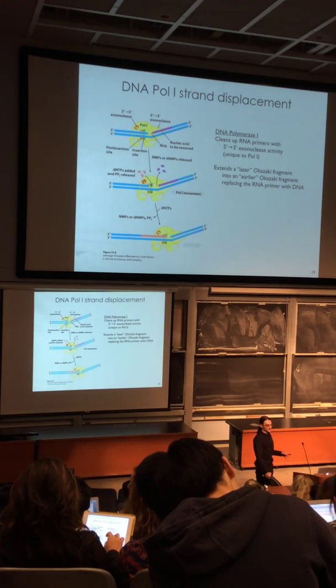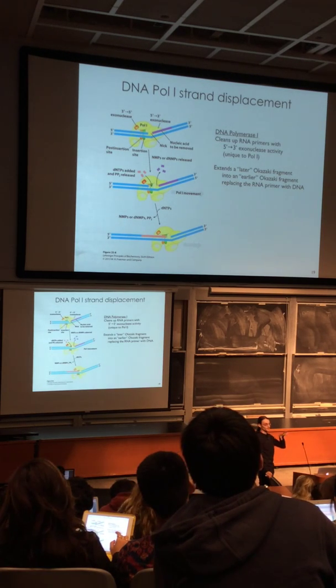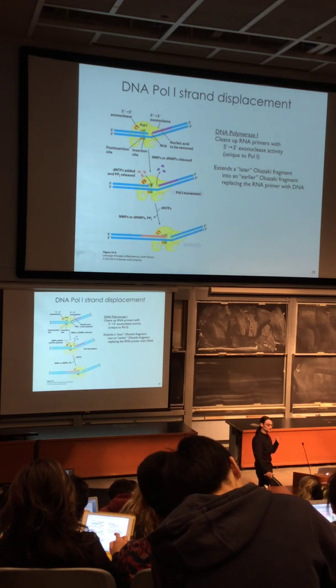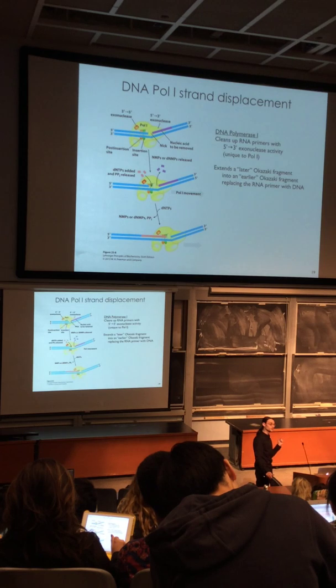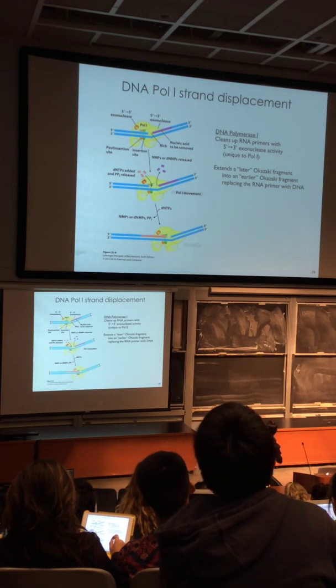So the proofreading activity of DNA polymerase lets it back up, lets it go 3' to 5' by removing misincorporated nucleotides. And this is an exonuclease activity that chews up one DNA strand, but it moves in the opposite direction, and it's sort of out ahead of the active site of the polymerase, removing whatever is in front of it.